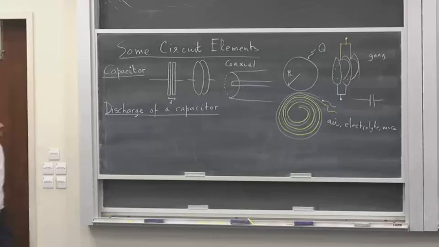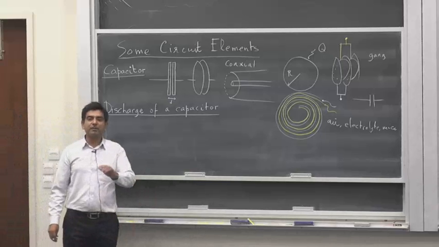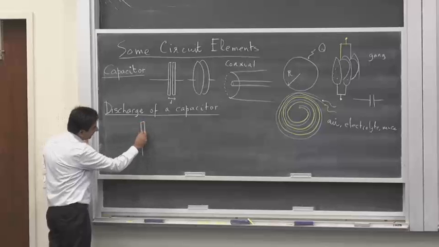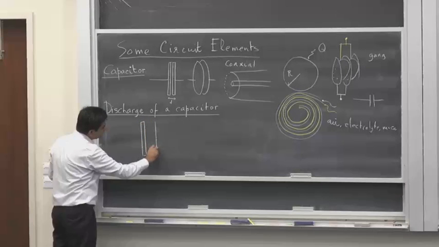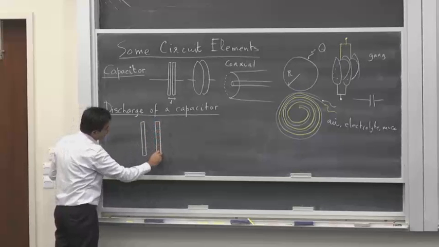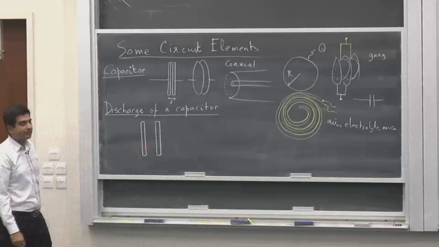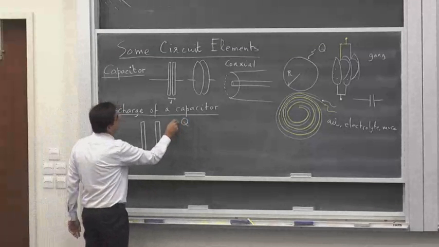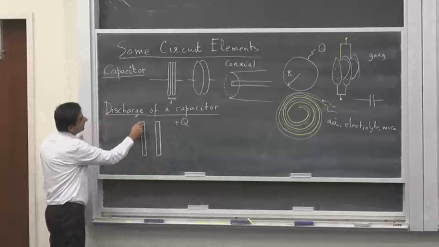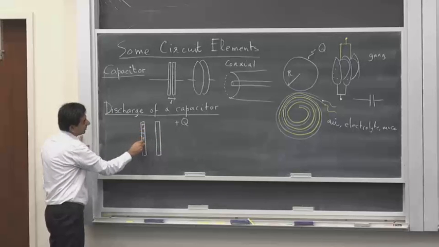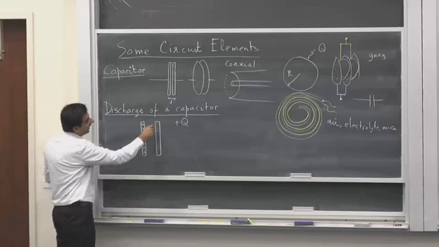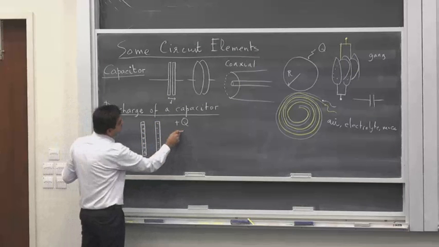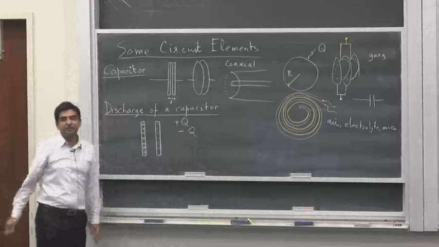Alright, so I would like to talk about the discharge of a capacitor first. Suppose I have a capacitor which comprises two parallel plates, and this capacitor carries a charge plus Q, which really means that one of these plates is positively charged, the charge on this is plus Q, and the other plate is negatively charged with the same amount of charge minus Q. So this is the initial condition of a capacitor.